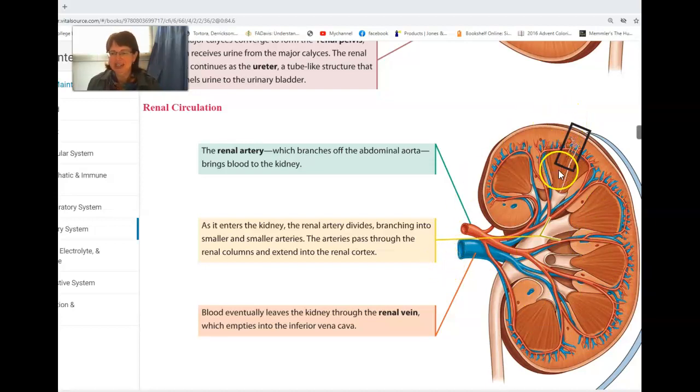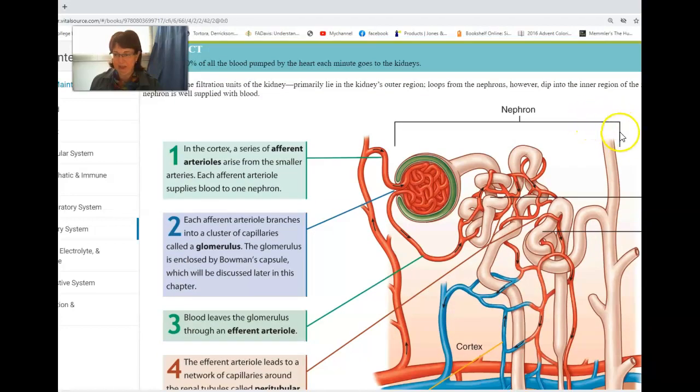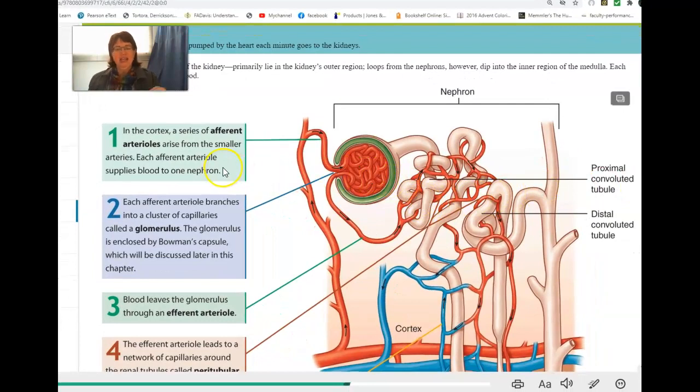So now we are just going to take this chunk of it and look at the functional group of the kidney, which is called the nephron. And we're going to look at the nephron in great detail. So a nephron, let me just move this over a bit. There we go. The nephron kind of has 2 systems as we talk about it. There is the blood supply, which goes by it all, and then there is the nephron itself, which is the part of the kidney.